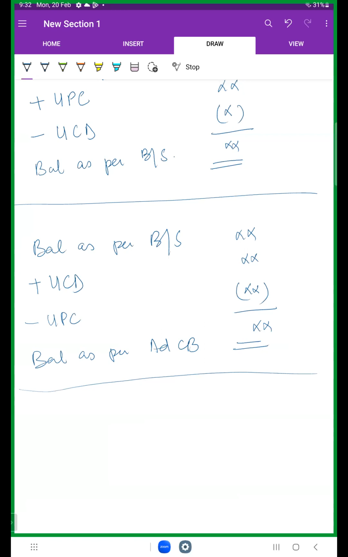You can note it down as key pointers, which will help you revise this concept. Copied? Okay.